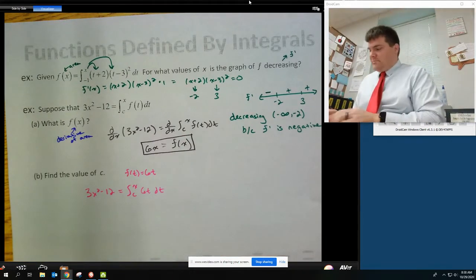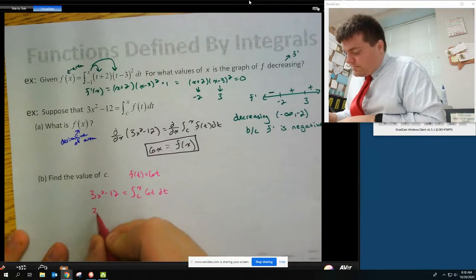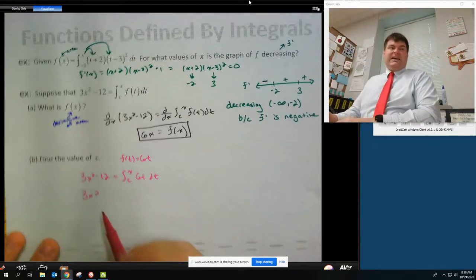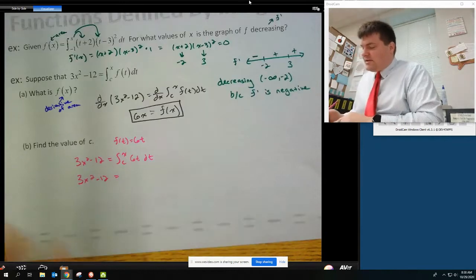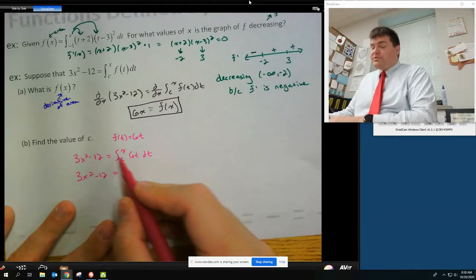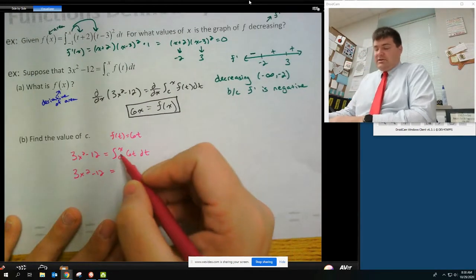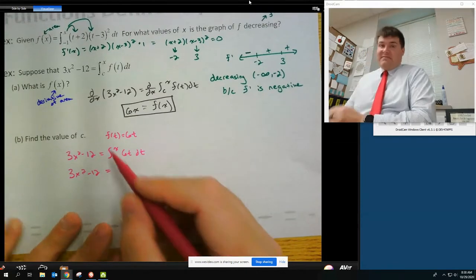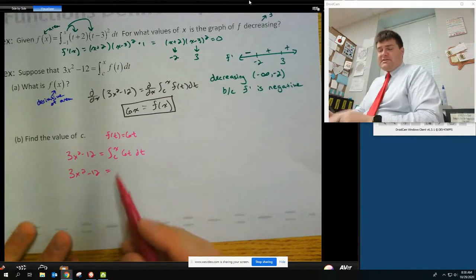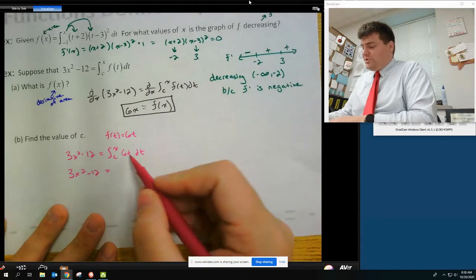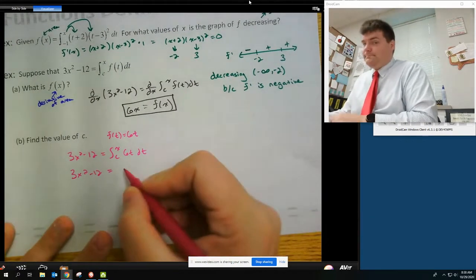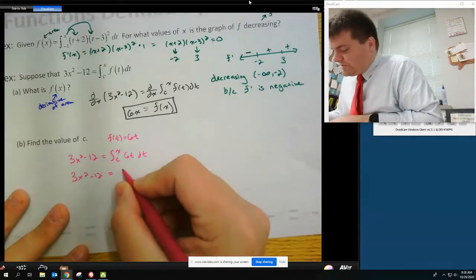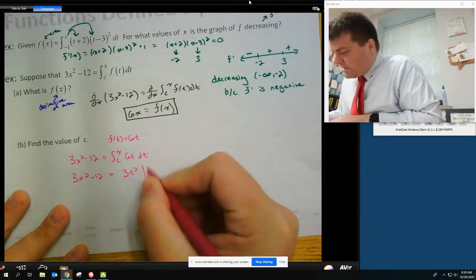That's it. So now I'm just going to leave this left side alone as I work on this right side, and then I'll get to the left side at the end. I'm going to go through and do this problem where my bounds are c and x. Essentially I have two variables, but I'm trying to solve for the c variable. The antiderivative of 6t is 3t squared, evaluated from c to x.